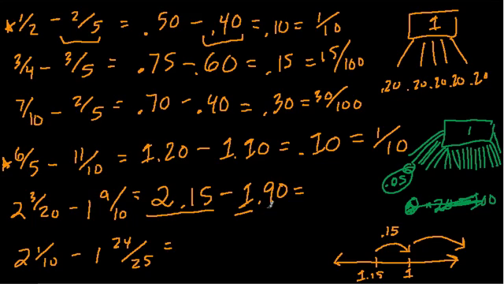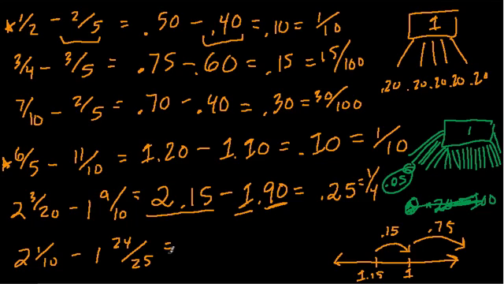Well, if we took 15 cents away and we're only taking 90 cents away total, that means we still have 75 more to take, right? Because 75 and 15 is 90. So $1.15 minus 90 cents has to be 25 cents, right? Because 25 cents plus 75 cents is $1, plus another 15 cents is $1.15. That's 90 cents total. And this reduces down to a quarter. 2.15 minus $1.90 is 25 cents.